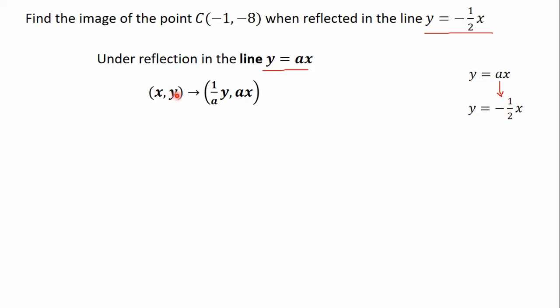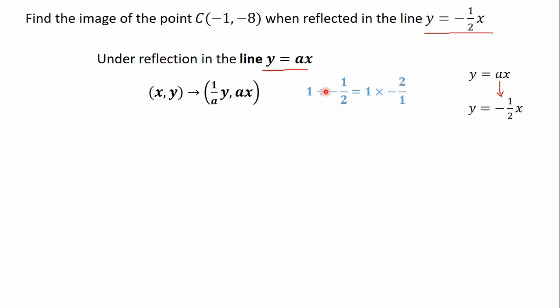So we substitute the value of a into this. Now when we do that, we are going to have 1 divided by minus 1 divided by 2. From the videos on fractions, we learned that this will be 1 times minus 2 divided by 1.